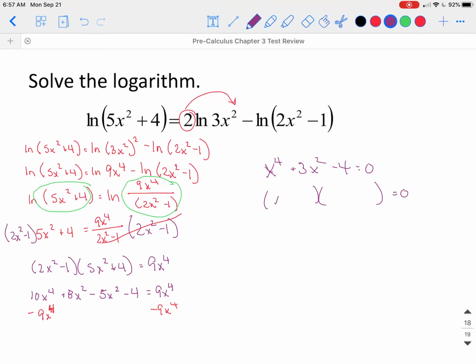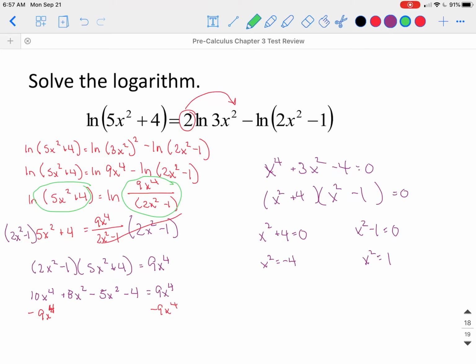From here we can factor. So we have x squared and x squared. What multiplies to get a negative 4 that adds to get a positive 3 is a 4 and a 1. So we can set each of these equal to 0 and solve for x. To do that, we're going to take the 4 to the other side and the 1 to the other side.